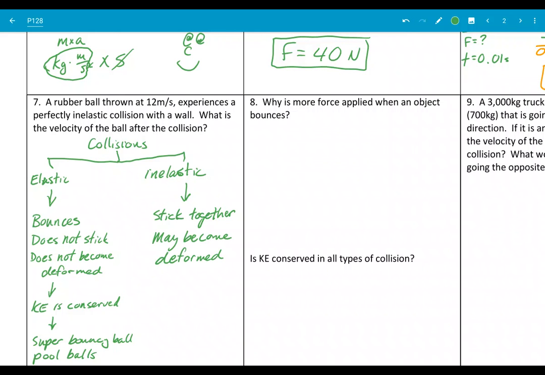They may do those kinds of things that waste energy. Anyways, in these cases, kinetic energy is not conserved, meaning that the kinetic energy that the rubber ball had before is different than the kinetic energy it has after its collision.